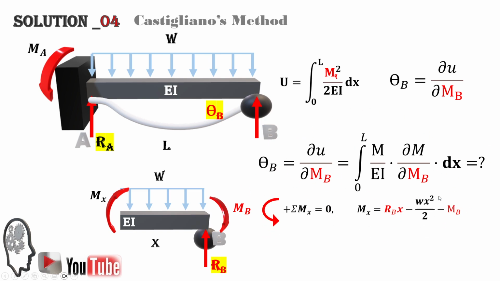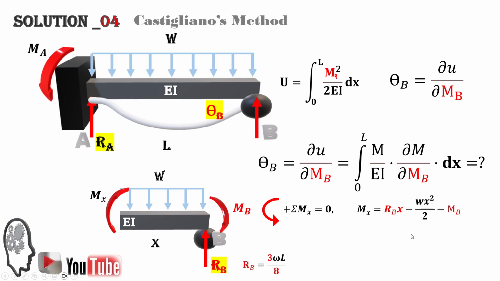By developing the moment at x, we get the moment for our beam considering the virtual moment M_B. So M sub x is equal to R_B x minus the resultant force, W x squared over 2, which is the effect of the resultant force applied at x over 2 to create a moment, and then negative M_B.